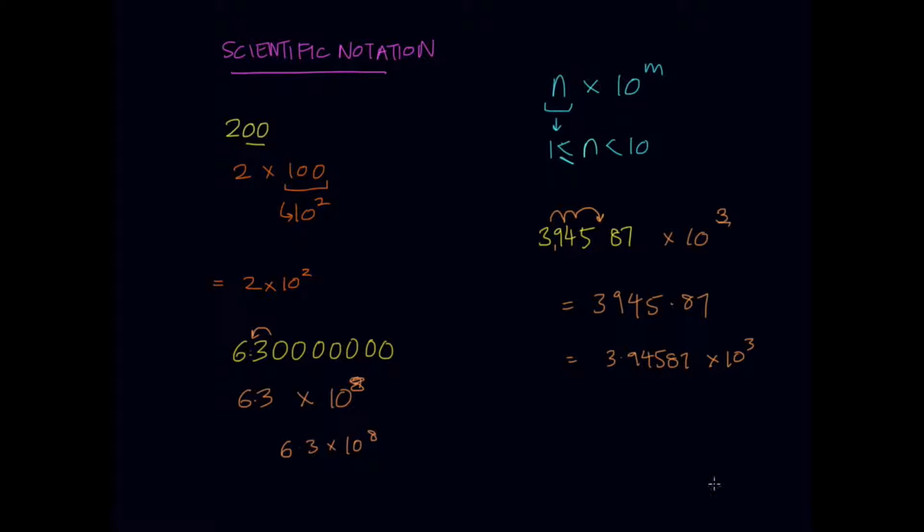Okay, now what if I have a really small number? I have 0.00000034. What would I do? If I have such a number, then again, remember, n times 10 raised to the m, and this value of n has to be less than 10 and greater than or equal to 1.